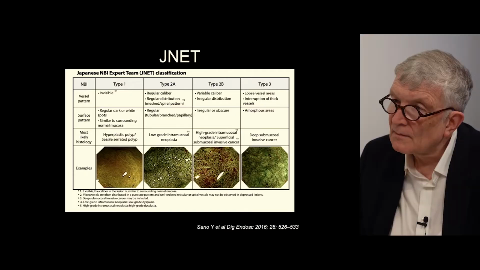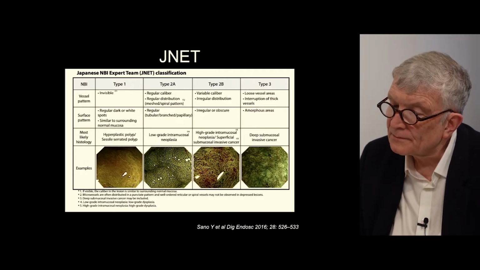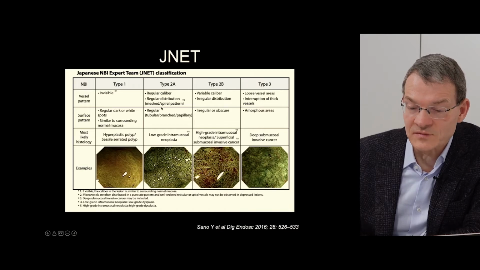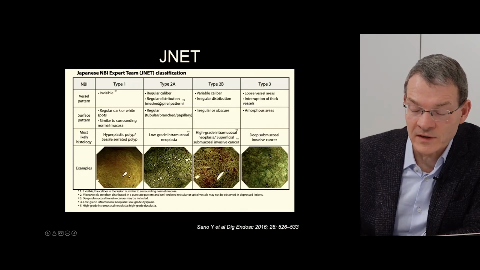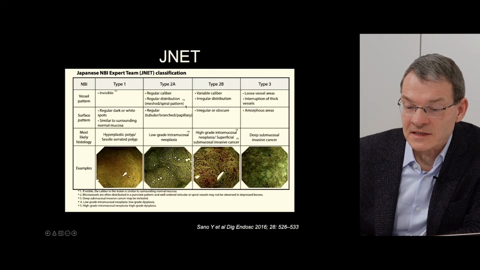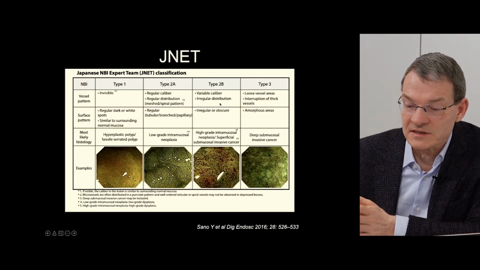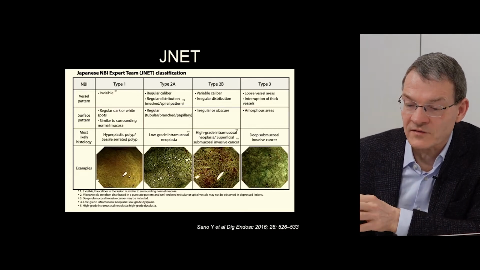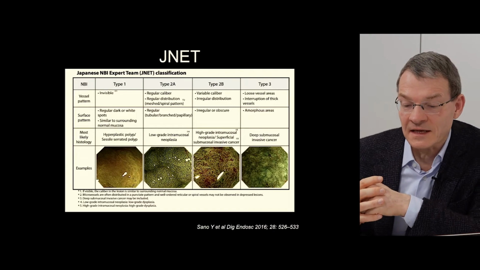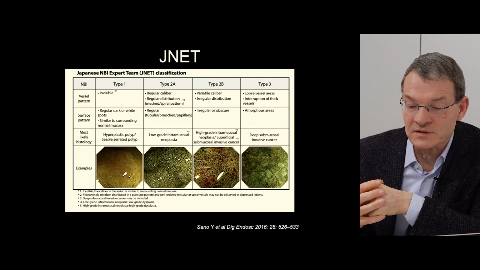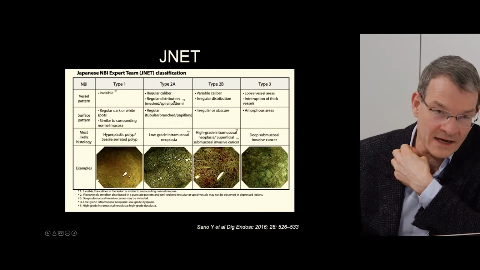I like to focus on the vessels with regard to the caliber and regularity. As soon as you have different diameters of vessels, or the structure is irregular, or you have an interruption of vessels, then this is not type 2A anymore.